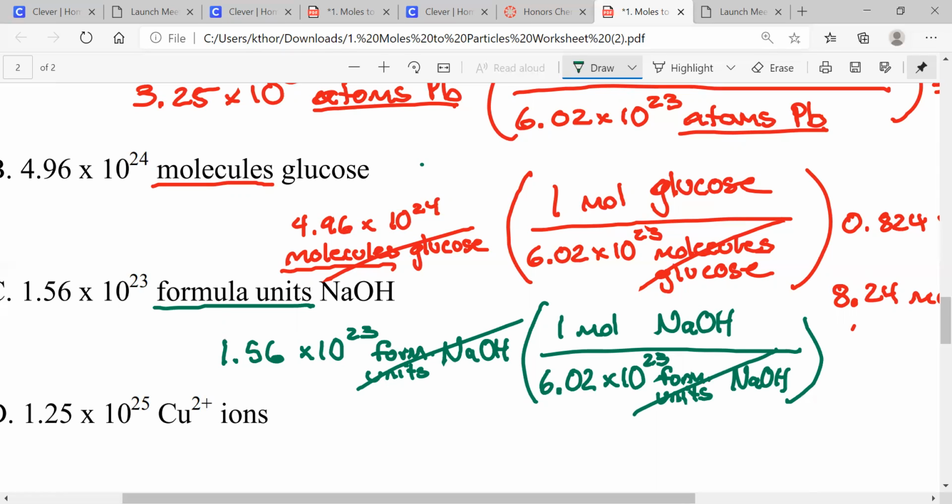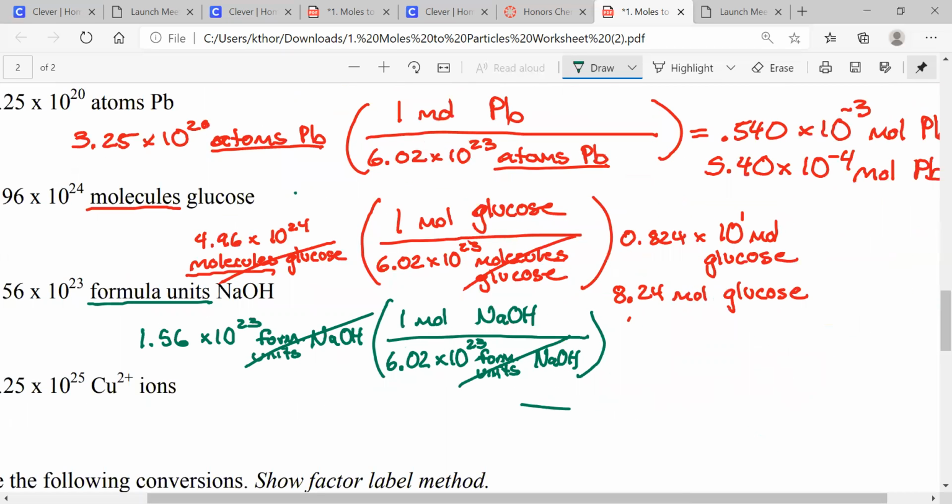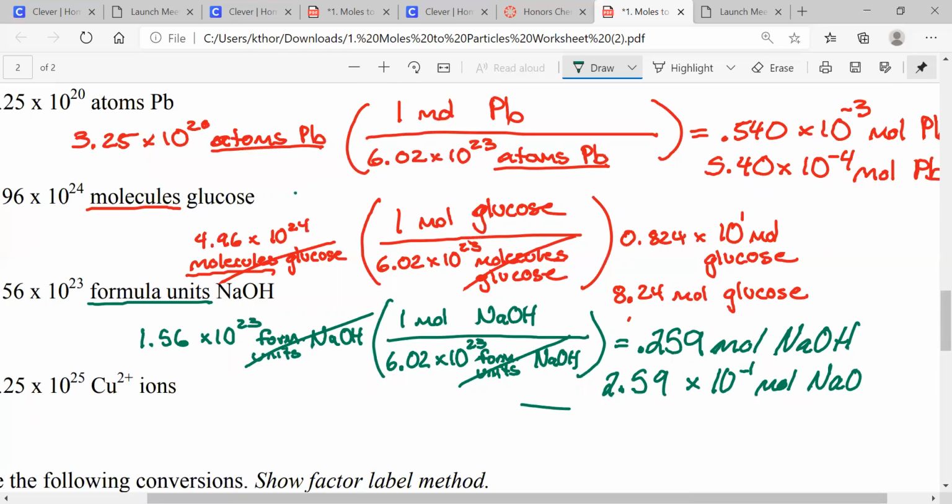Divided by 6.02, I got 0.259. 23 minus 23 is 0, so you really don't need to use scientific notation. So your answer is going to be 0.259 moles of sodium hydroxide. If you wanted to put it in scientific notation, I would also accept 2.59 times 10 to the negative first moles of sodium hydroxide. Either answer would be fine.